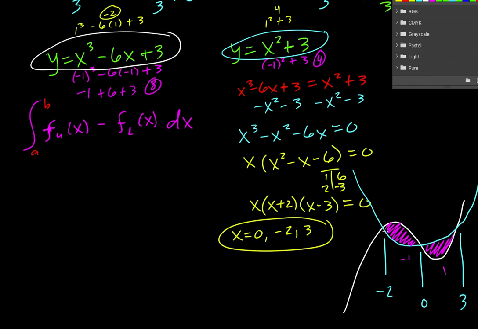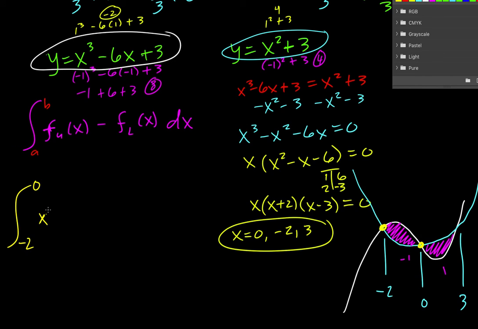So we need to switch it though, because we have a couple things going on. First we go from -2 to 0. So that's going from here to here. And our upper function is the white function, which is here.